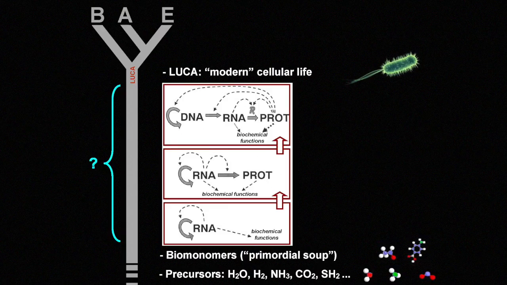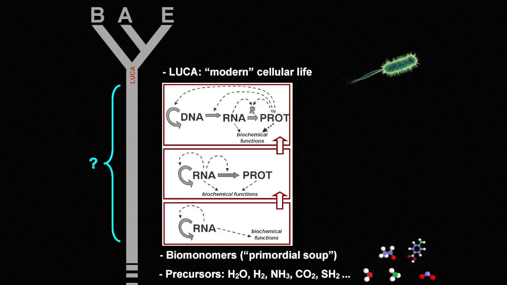The proteins were synthesized via peptide transferase activity, and proteins were much better at performing biochemical functions, so the catalytic activities were moved towards proteins, and then some proteins were able to retrotranscribe RNA to DNA, and DNA showed that it was a molecule better than RNA for storing genetic information.